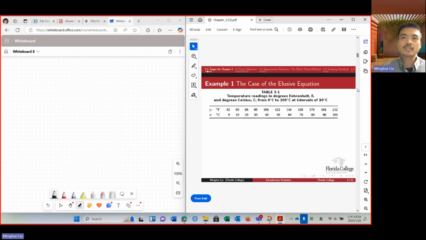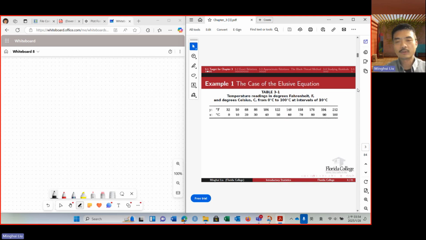All right, to start with, let's look at the following table. We have the Y value representing the temperature in Fahrenheit from 32 degrees, that's when water freezes, to 212 degrees Fahrenheit, that is when water boils. And X represents the Celsius that starts from 0 degrees and goes all the way to 100 degrees.